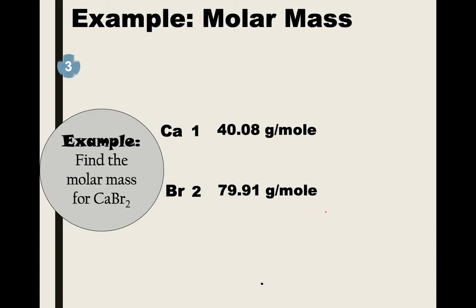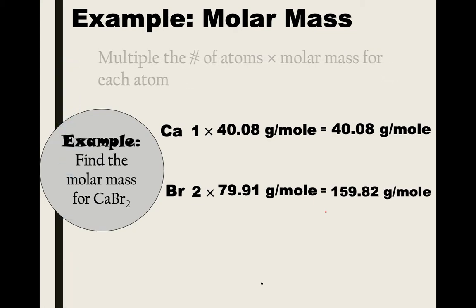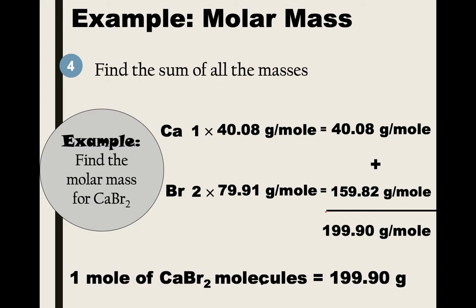We would then multiply those two together. So that's pretty easy, times 1, and then times 2, we would get 159.82. And then the last thing is we just add them together. And so we would get a molar mass for calcium bromide as 199.9. So we're just adding up all of the parts.